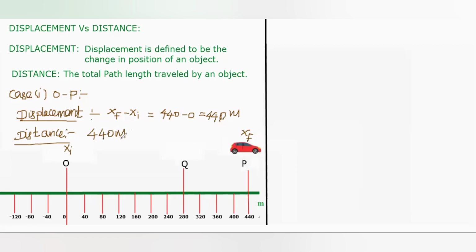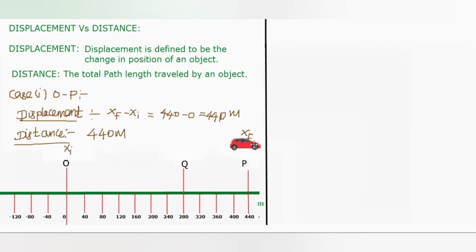So here, in the case OP, it means that when the car is moving, initially it is at the position O, that is the origin.